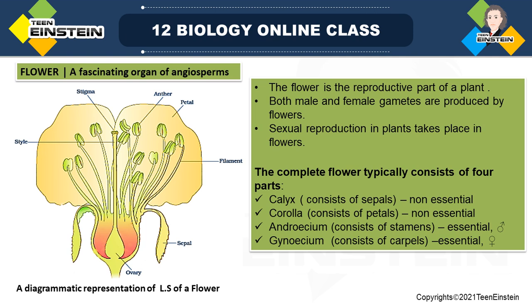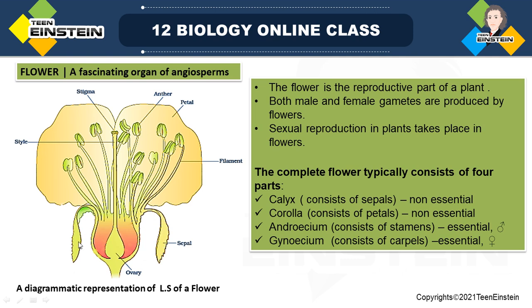So first, a complete flower has 4 parts. Which are the 4 parts? Calyx, corolla, androecium and gynoecium. These are the 4 main parts of a complete flower. What is calyx? Calyx consists of sepals. You can see here the green part.